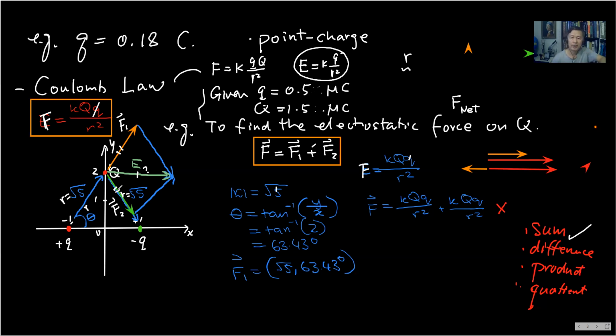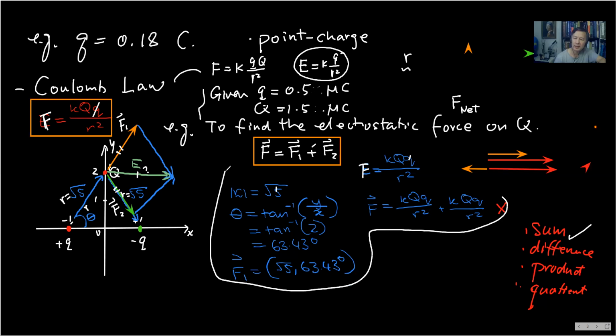So what we need to do is find the magnitude. Both F1 and F2, in terms of magnitude, are equal.